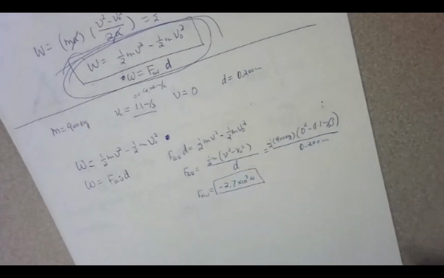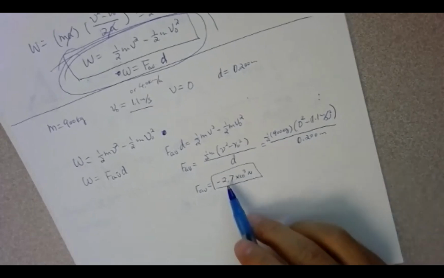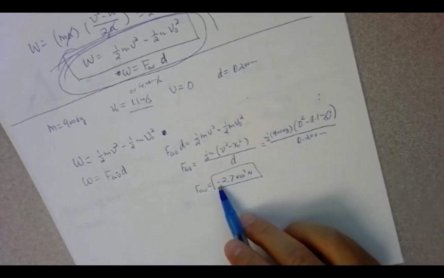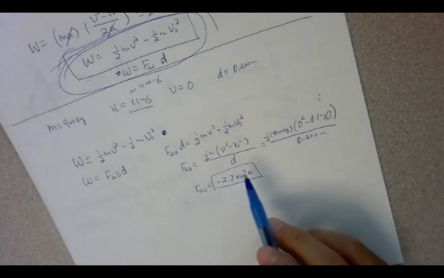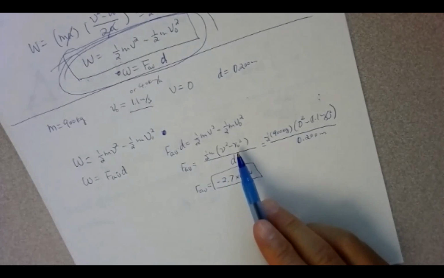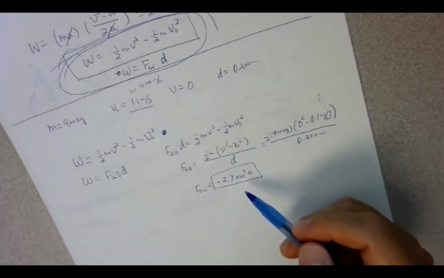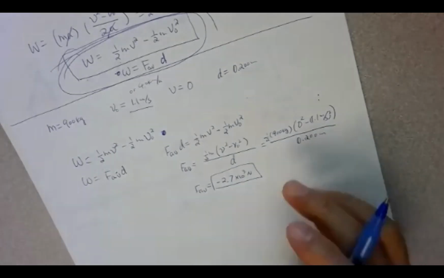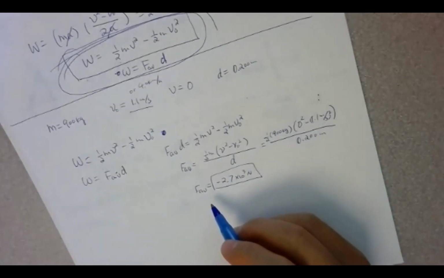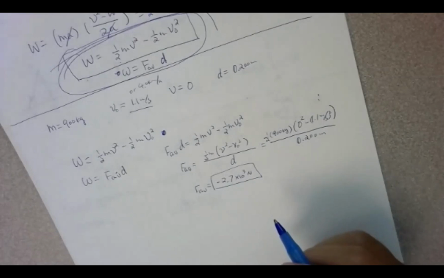The minus tells you that the average force the car experienced is in the opposite direction of the initial velocity. We are assuming initial velocity to be positive, so that's in the opposite direction. I do see some of you have that minus indicated, so that's absolutely right.